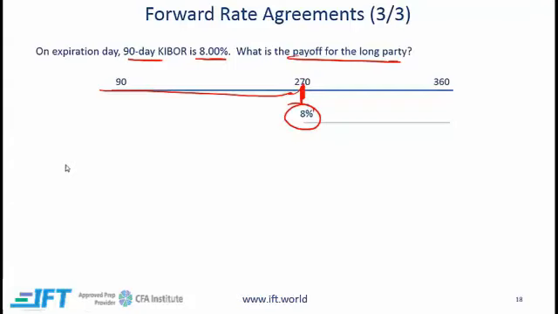What we do here is say 8% or 0.08 minus the forward rate, which was 0.1674, and this needs to be de-annualized.